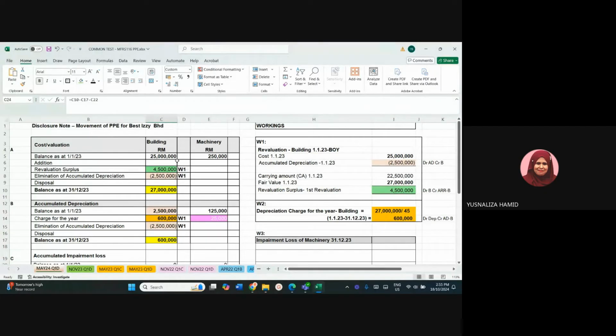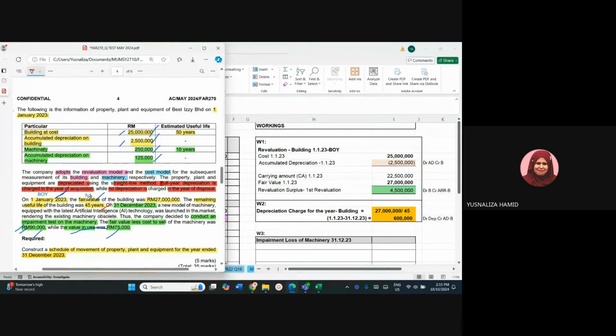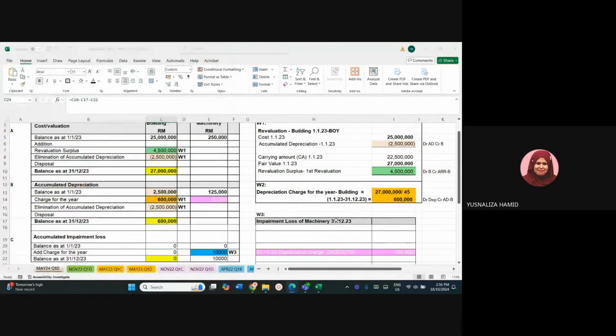Okay, now we move on to machinery. So for machinery, which is in the same paragraph, the one that I put green highlighter, it was impaired, or test for impairment was done at the end of the year. So the same procedure, you need to go and find out what is the carrying amount at the end of the year, which is the one at the end of 31st of December 2023.